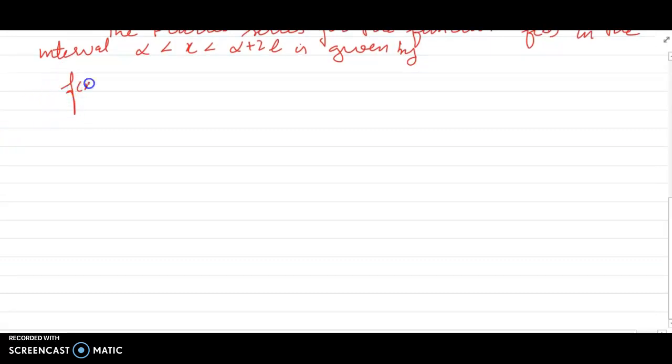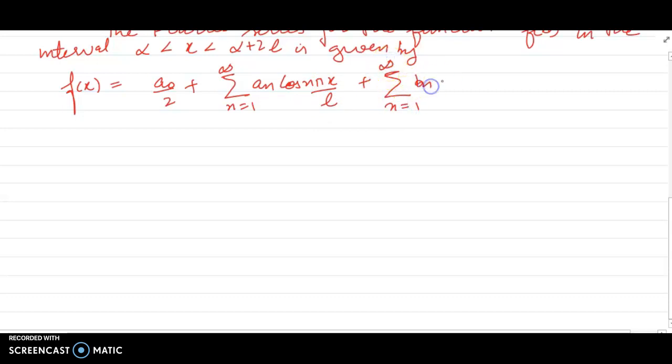Within the interval, in the general form, f of x is equal to a0 by 2 plus summation n varies from 1 to infinity an cos of n pi x by l plus summation n varies from 1 to infinity bn sin of n pi x by l, where a0 is given by 1 by l.